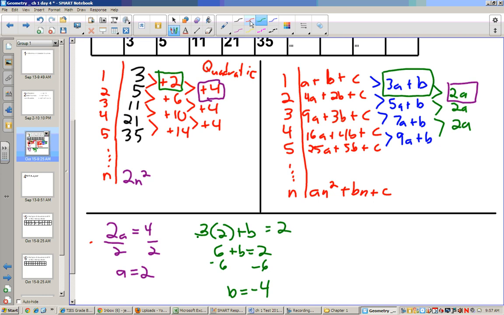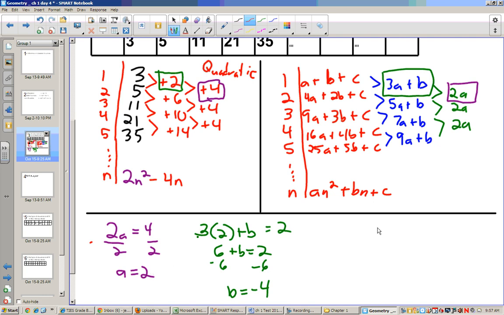Now let's pick one more color, red. And I know my a, I know my b. Since I know my b, I can say minus 4n. Now I just need my c to finish this equation. The equations with c are all in my first column. So a plus b plus c is going to equal 3.